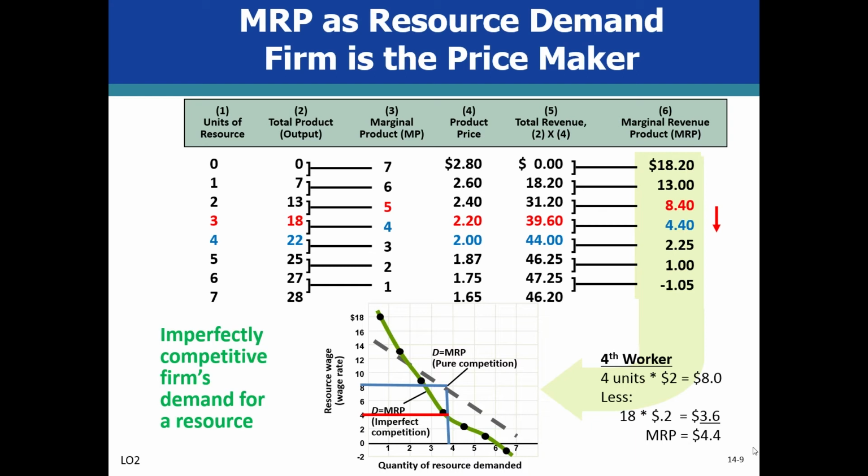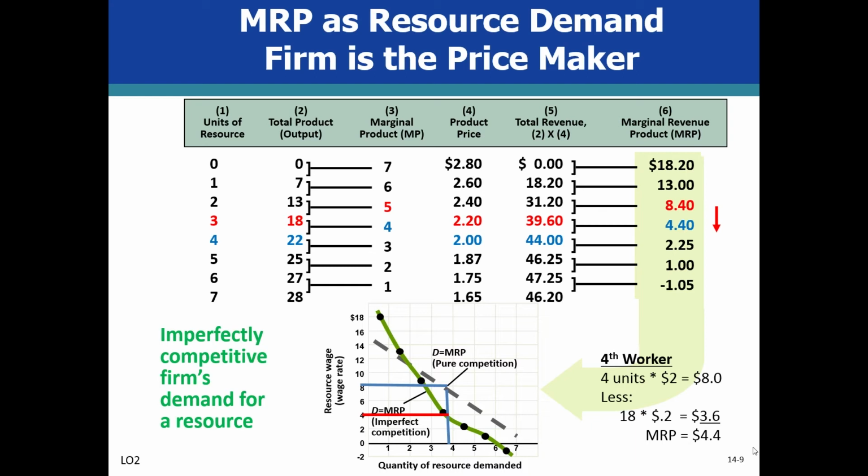The imperfectly competitive firm does not expand the quantity of labor it employs by as large a percent as the perfectly competitive firm for a given decline in the wage rate.